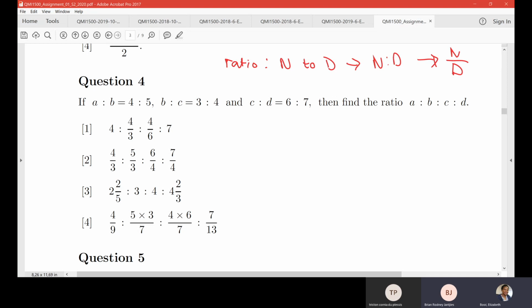So we need to find the link between B and C. In a nutshell, what this is saying is, if the ratio of A and B is 4 and 5, B has one more than A. And for B and C, B is one smaller than C. And on this one, C is one smaller than D.